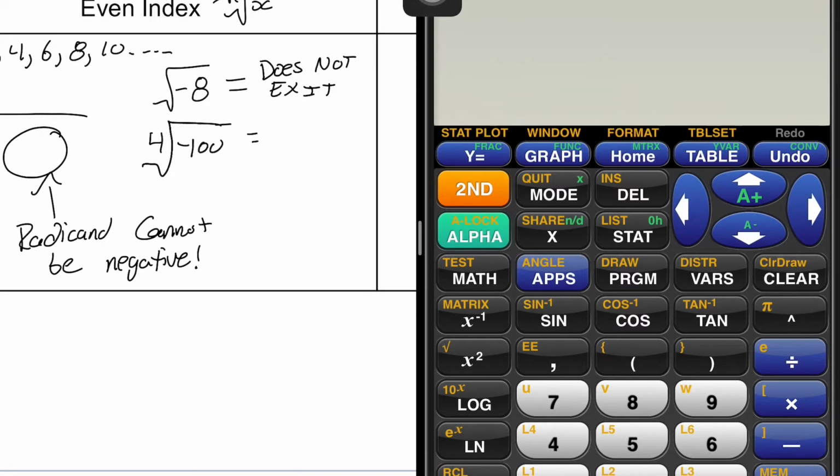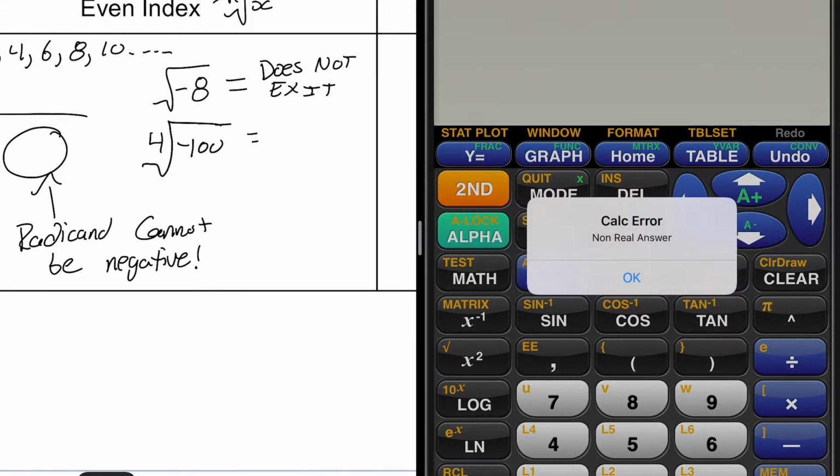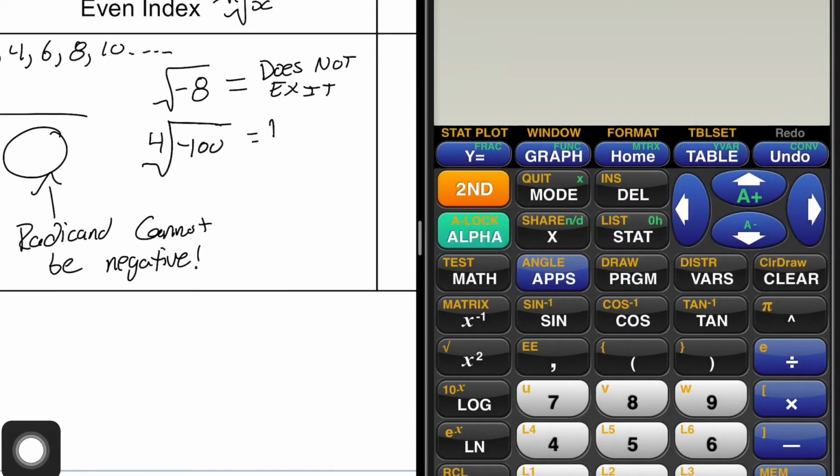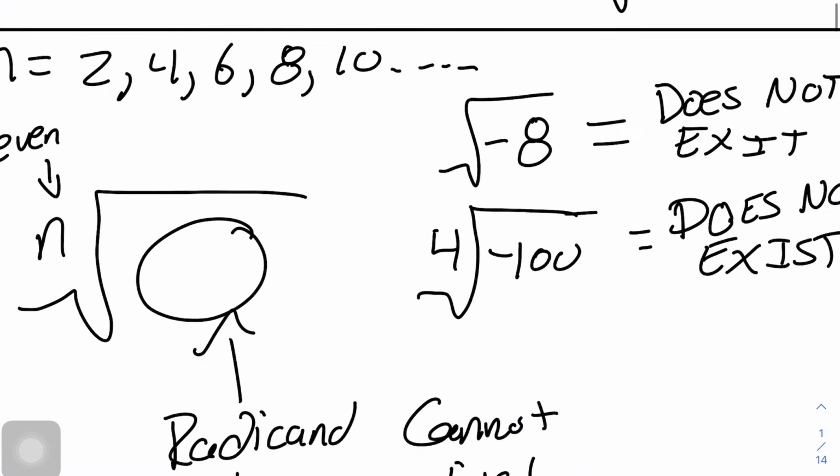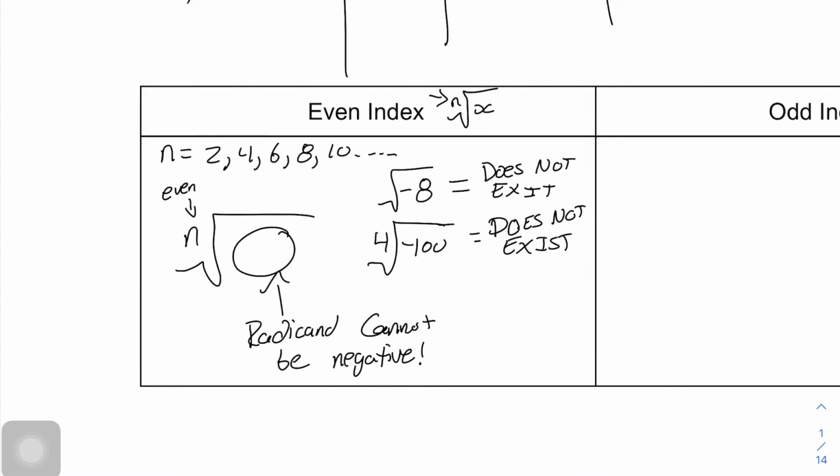So here it now has put that 4 into my index, and I put -100, and again, it doesn't exist. So anytime you have an even value for your index, this radicand has to be positive. It can be 0 as well, so just recognize that.